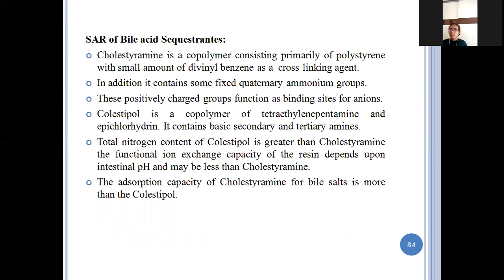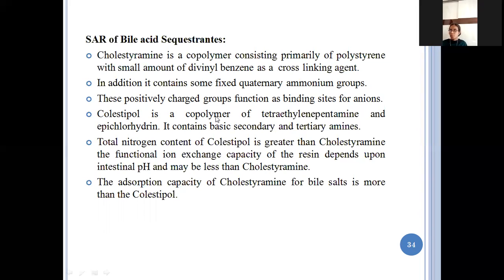Next, SAR. Cholestyramine is a copolymer consisting primarily of polystyrene with a small amount of divinylbenzene as a cross-linking agent. In addition, it contains some fixed quaternary ammonium groups. These positively charged groups function as binding sites for anions.